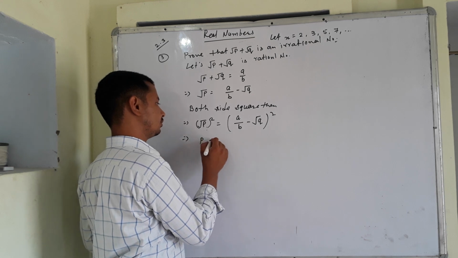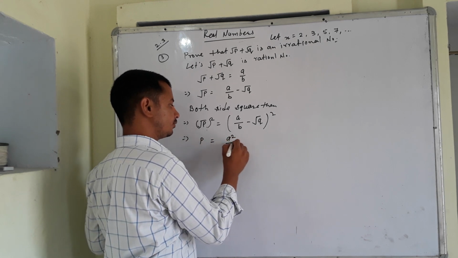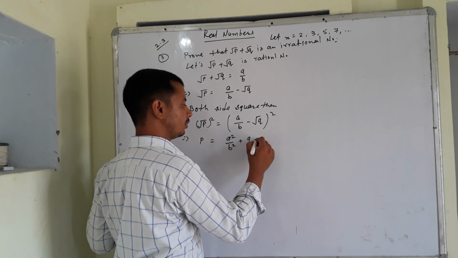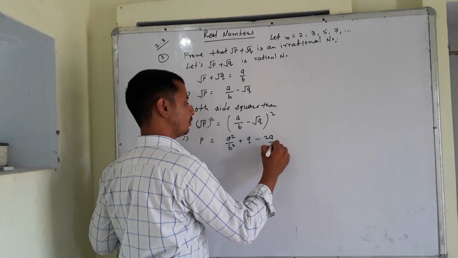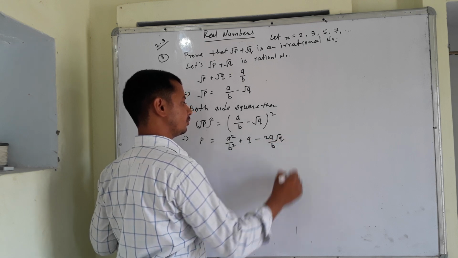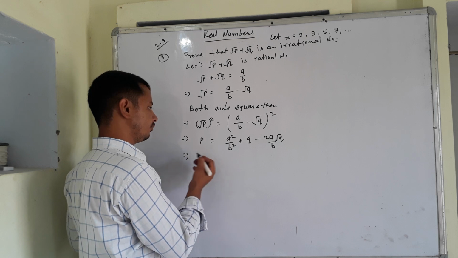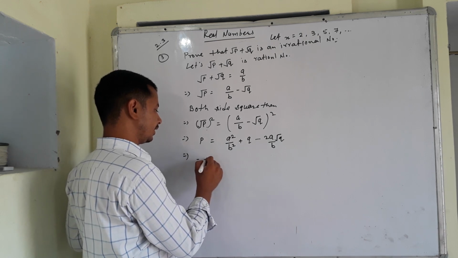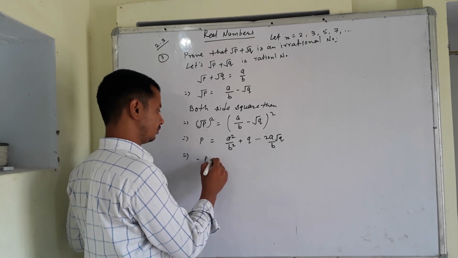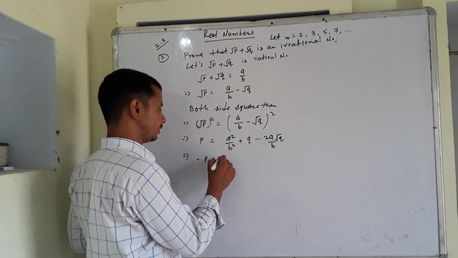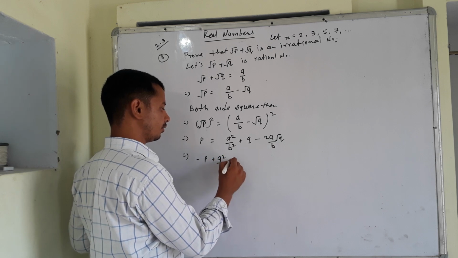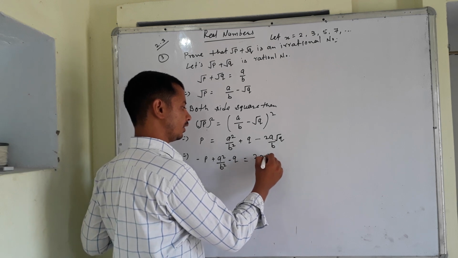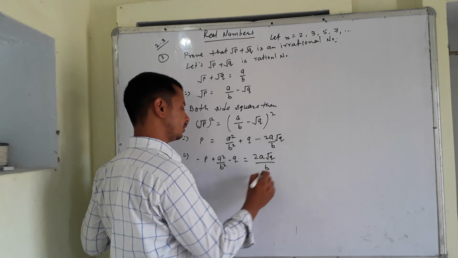So we get p equal a square upon b square minus q plus q minus 2a upon b into root q. Then we can write it in the form minus p plus a square upon b square minus q equal 2a root q upon b.